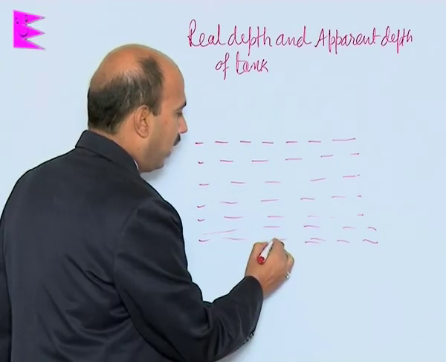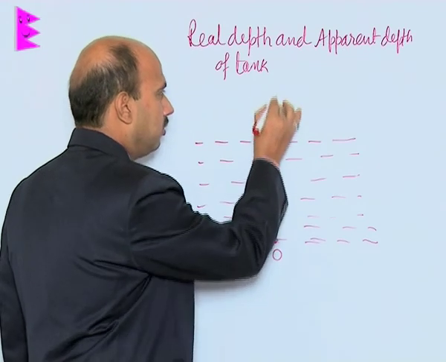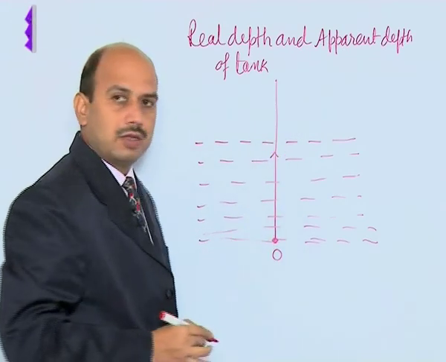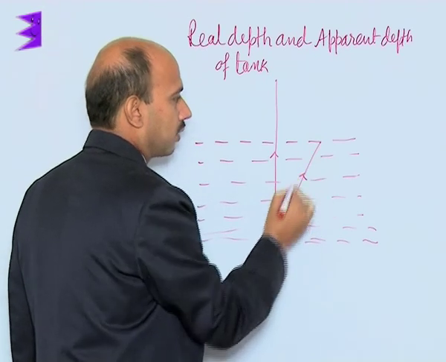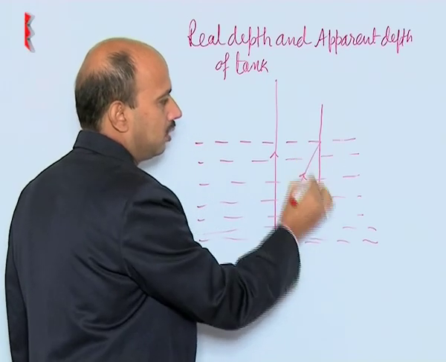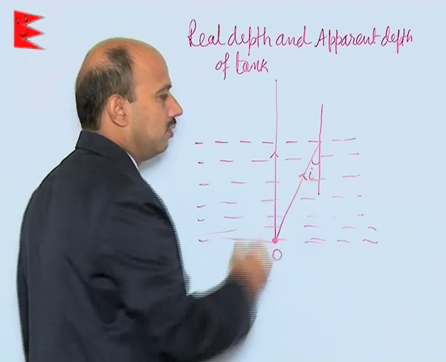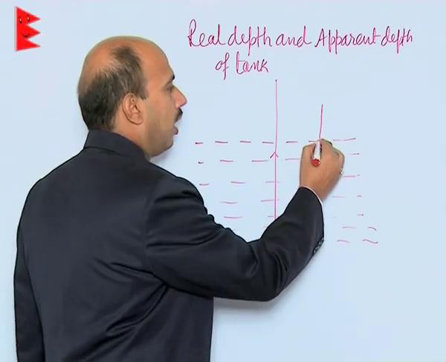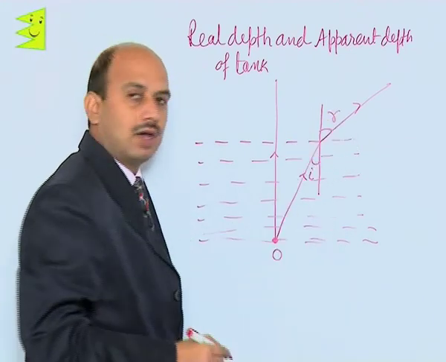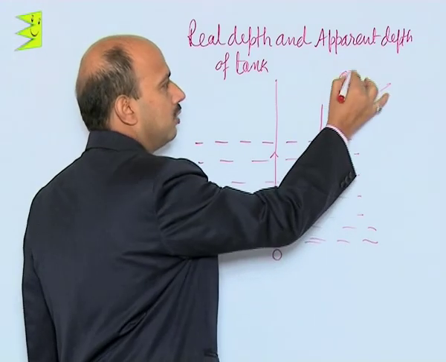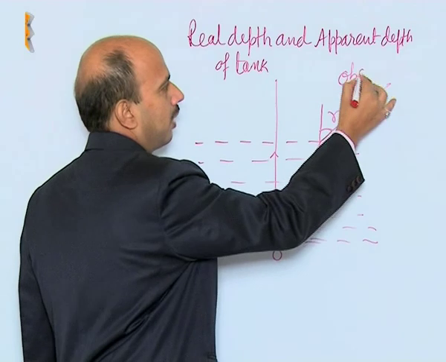We take one incident ray like this, which goes normally without any refraction, and another ray like this. There is a normal at this point, and this is the angle of incidence I. After refraction, the ray goes to this side, this is the angle of refraction R, and the observer is here looking at the object from this side.